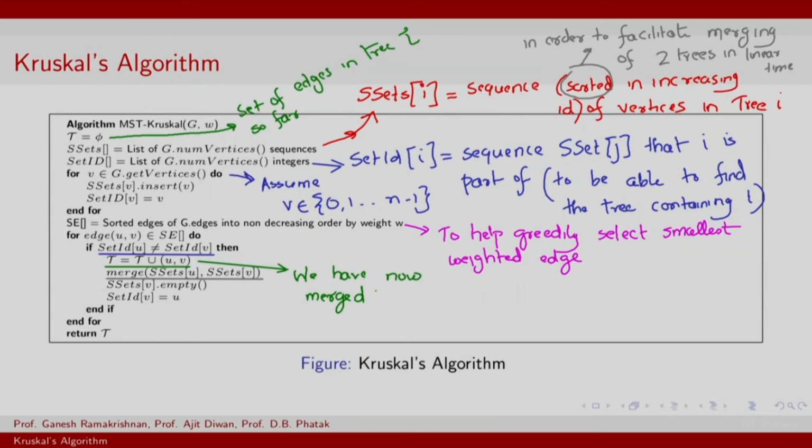We have now merged the tree corresponding to S sets V into S sets U, so that we reflect in the update for T, and we also explicitly update our forest data structure in the next step.